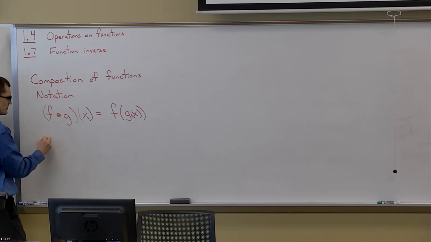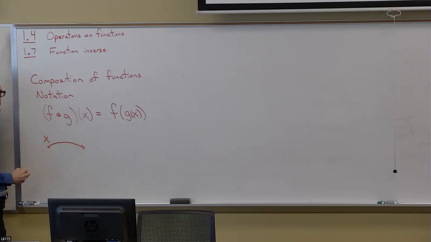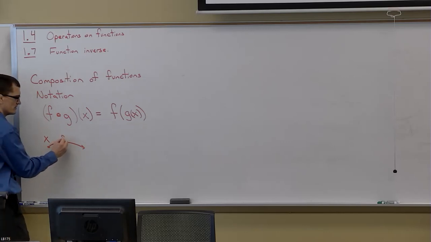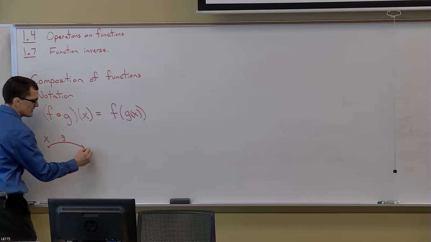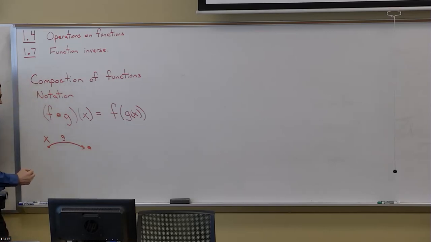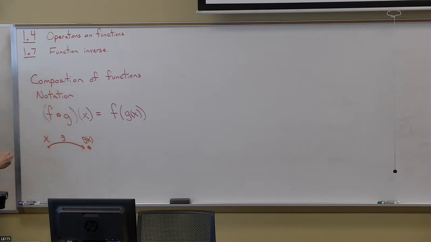So here's what we do. We start with an x. We apply some function to that x. We'll call it g first. We get a specific output. That output is going to be g of x, whatever number that happens to be.